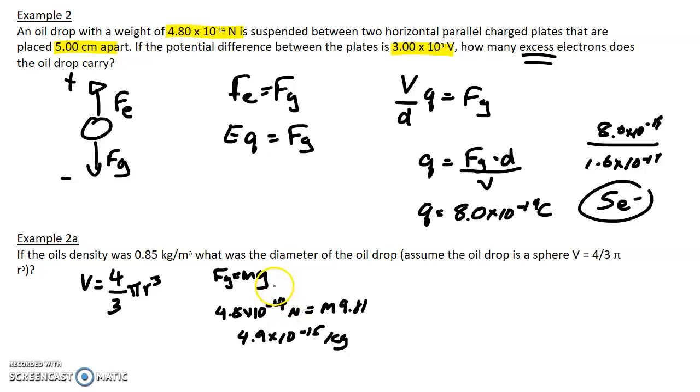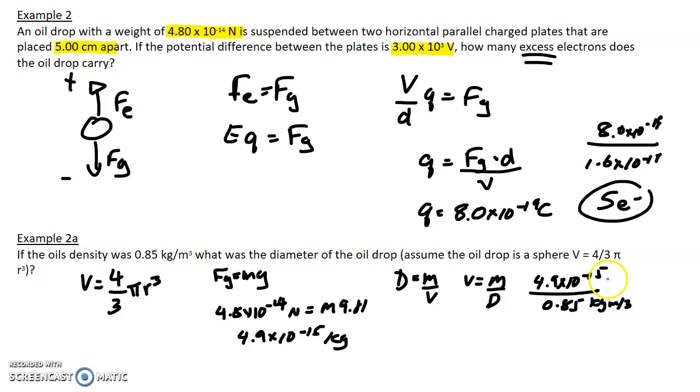From that mass, you can find the radius of this sphere. Oh wait, first we need to find the actual volume. Now, density being mass divided by volume, or volume is mass divided by density, we're going to take that 4.9 times 10 to the negative 15 divided by the density, which is 0.85 kilograms per meter cubed.